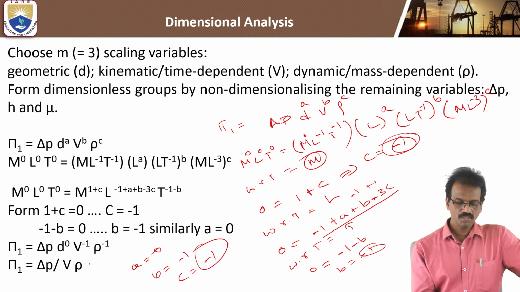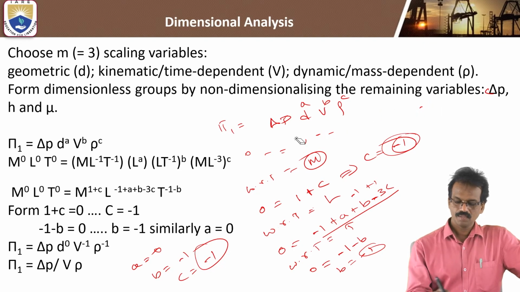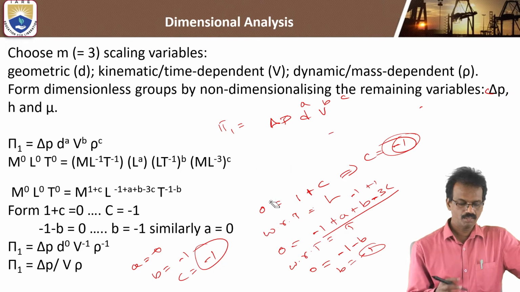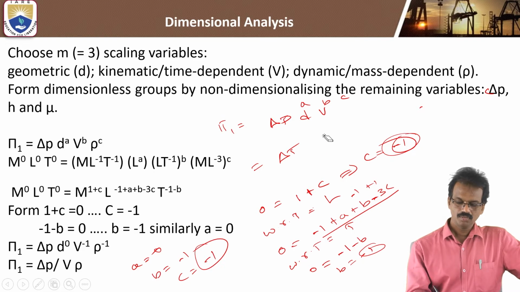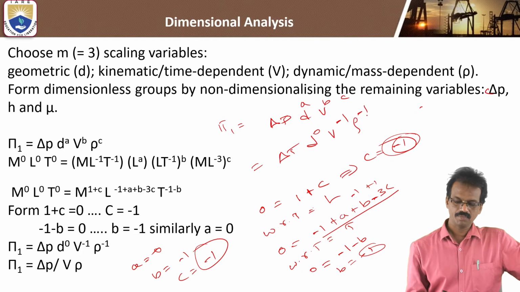If you substitute the values here, you will get the pi 1 term. So the pi 1 term is equal to Δp, and d to the power of 0, and v to the power of minus 1, and density rho to the power of minus 1.